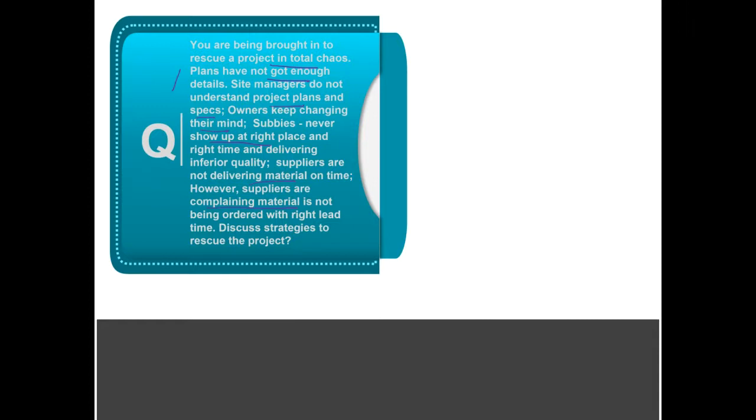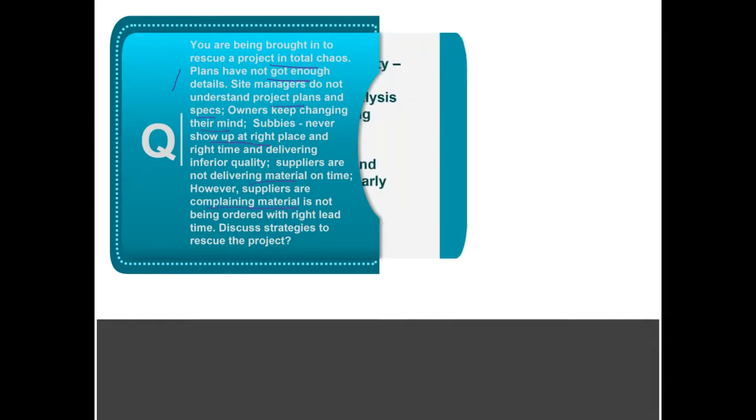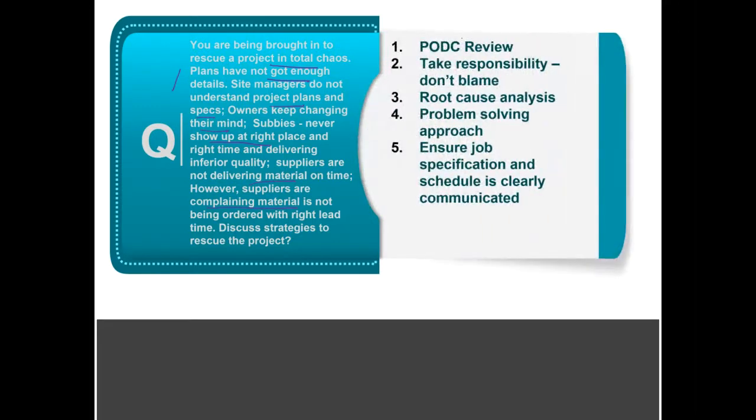So what could be the potential strategies to rescue the project or to put it back on track? Some of the things which could be done: previously, we reviewed this acronym PODC. Have a review of your planning, organization, direction, control effort. Take responsibility. Very often it's very easy for management to put the blame on subcontractors. So the viewpoint is that if there is something wrong, it is management's responsibility.